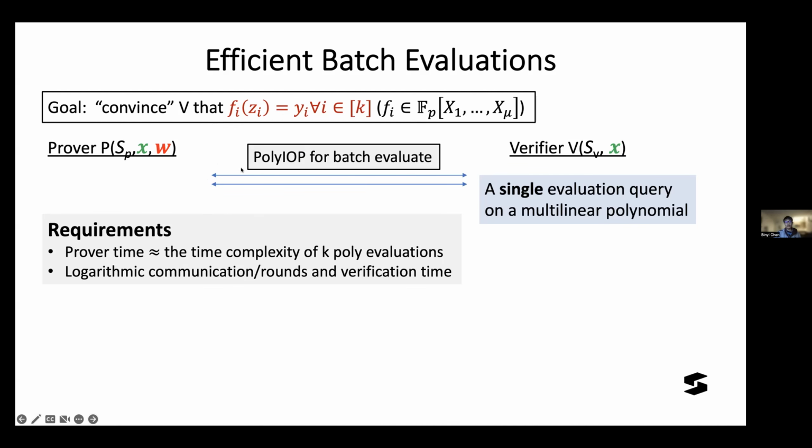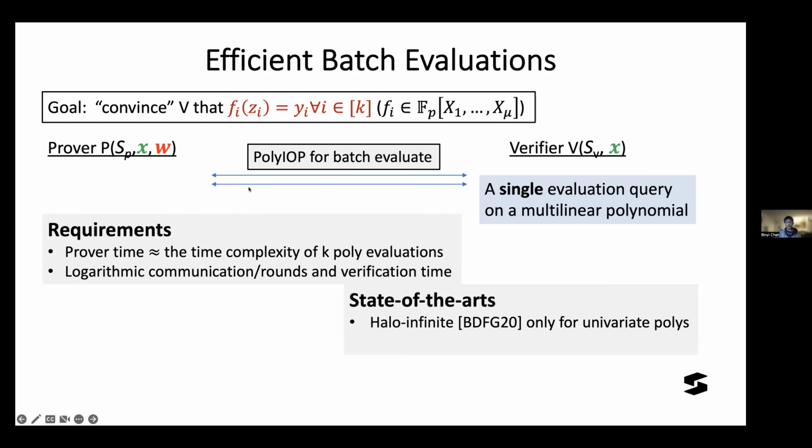We note that there do exist certain protocols that deal with these so-called batch evaluation problems, but they do not meet our requirements here. First, Halo Infinite is a very good work that also does batch evaluations, but the key thing is that it only works for univariate polynomials, not for multivariate polynomials. We also know that Justin Thaler's book has proposed some solutions for batch evaluation for multilinear polynomials.